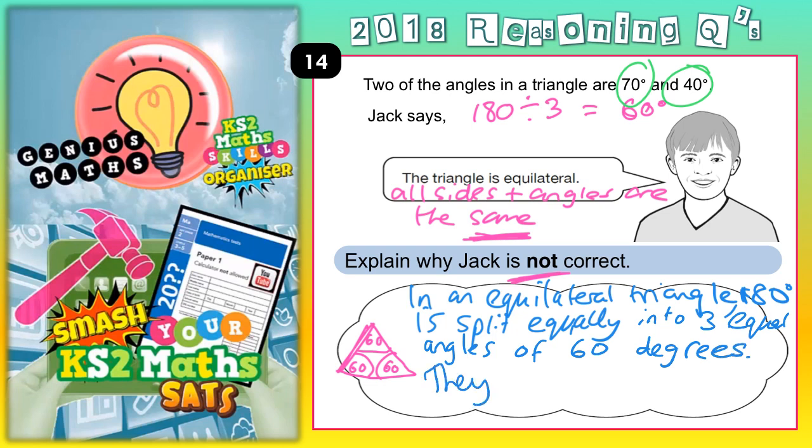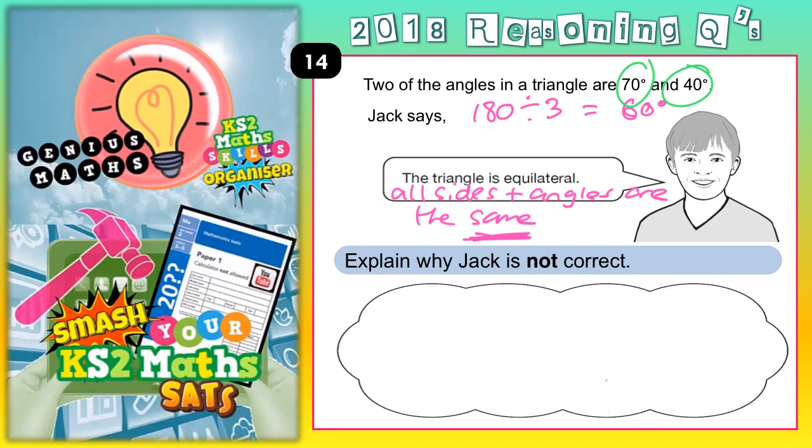They are all 60 degrees, so cannot be 70 or 40 degrees.